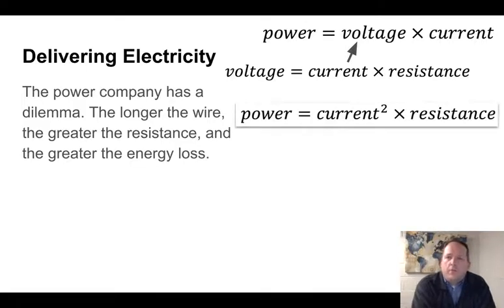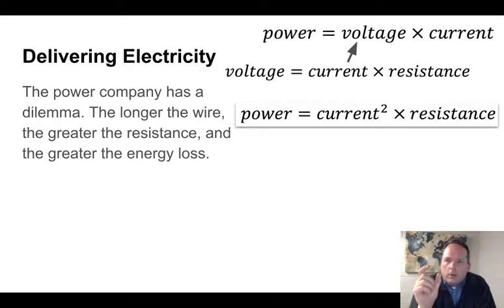If I replace the voltage in the power equation with current times resistance, my new power equation says power is equal to the square of the current that's flowing through the wire times the resistance. Increasing the resistance in the wire is bad for power delivery because that's going to increase the heat, and increasing the current flow through the wire is also expensive, because if you increase the current, you increase the power loss as well.